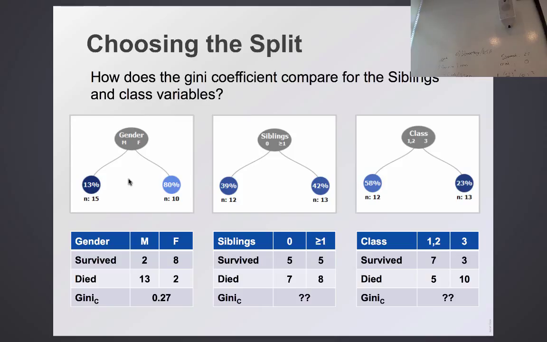Take the next 5-10 minutes to calculate, please try it by hand, or with Wolfram Alpha, calculator, computer. You have a machine in front of you. Try to calculate this, the Gini coefficient for siblings and for class. You will do it the exact same way as we just did with male and female.